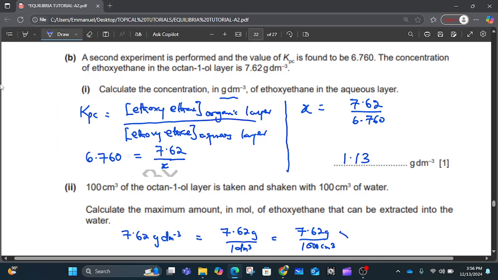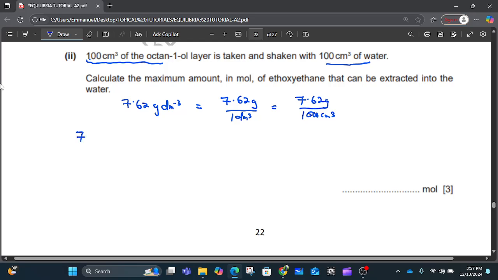Out of this mixture, we were told that 100 centimeter cube was taken from it and shaken with 100 centimeter cube of water. So we need to calculate the mass of the ethoxyethane in the 100 centimeter cube of the octan-1-ol layer. So if 7.62 grams is equal to 1000 centimeter cube, then what will 100 centimeter cube give us?